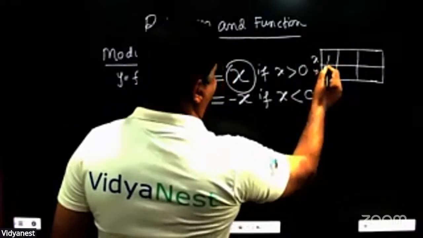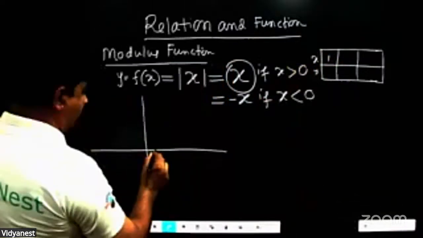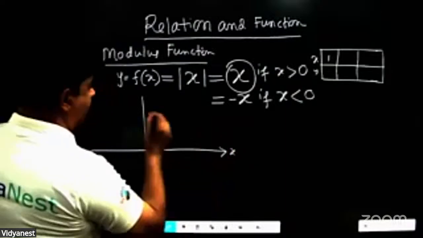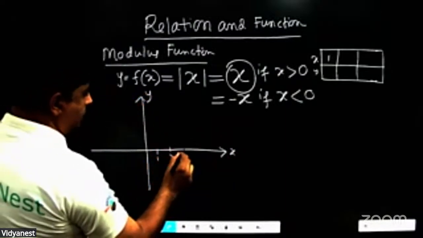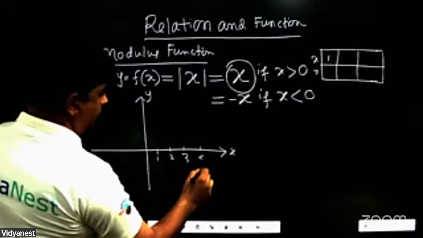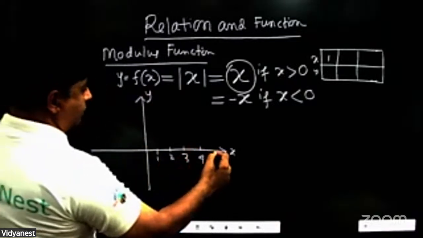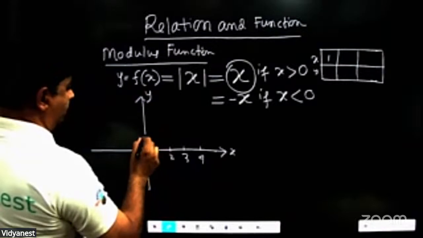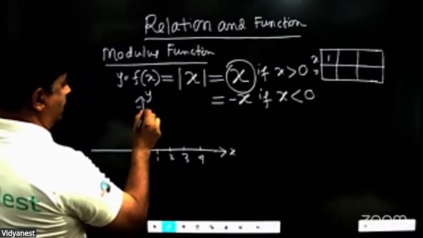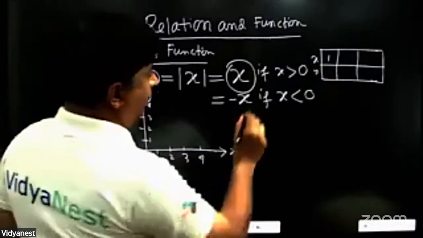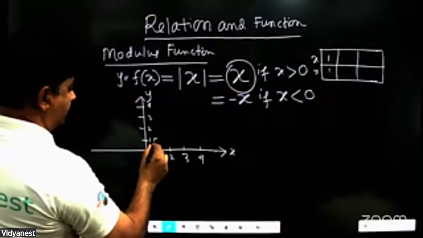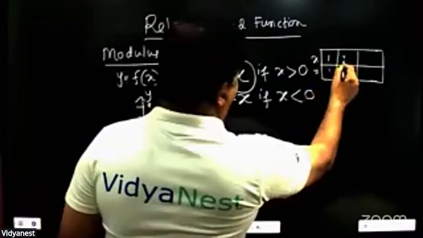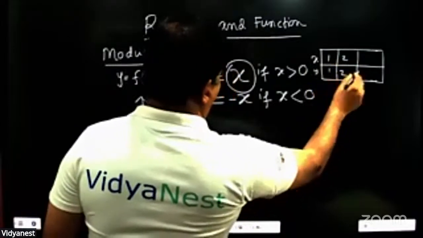If I take 1, see, this is the x-axis, coordinate axis. 1, 2, 3, 4, and so on. Now for x equal to 1, y will also be 1. For x equal to 2, y will also be 2.